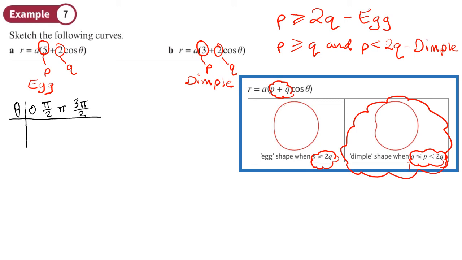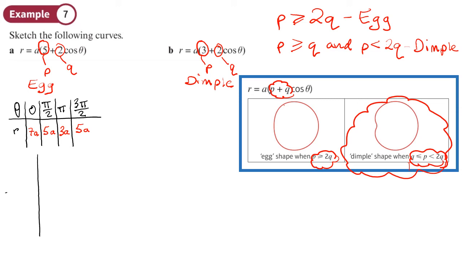Okay, and 2 pi is going to take me back to the start again, so I don't need to worry about that. So we're going to work out these values. These values are going to be in terms of a. And when I do work them out, the values we get are 7a, 5a, 3a, and 5a again.